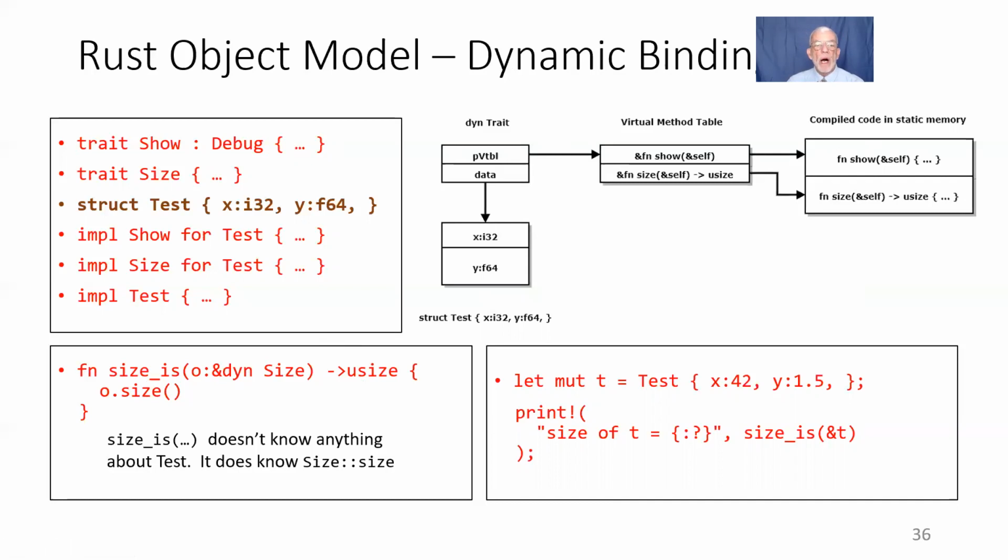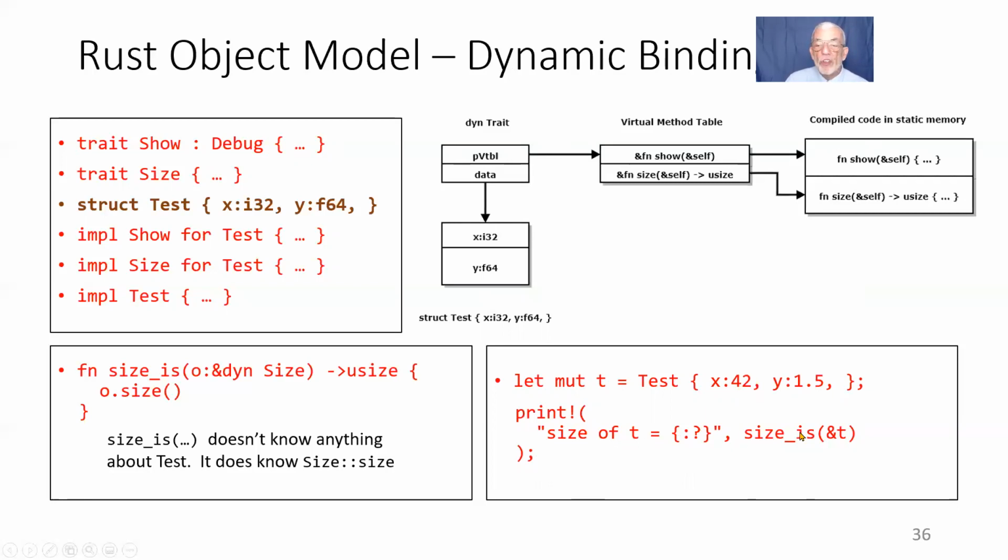So now I have what amounts to dynamic dispatching, because here, for example, in this block, let mut t = Test. So I'm creating an instance of Test. I could have used new. I just created it this way, which is okay. And now I print size of t equals, here's where I'm using the debug format.